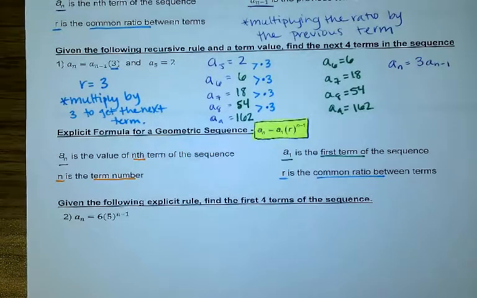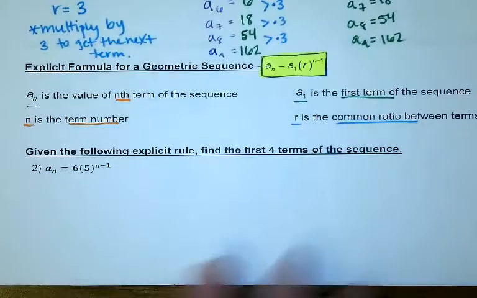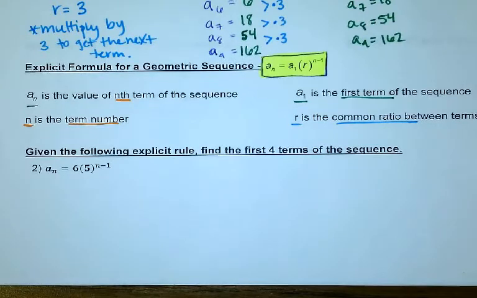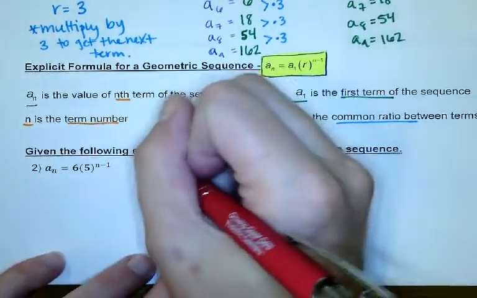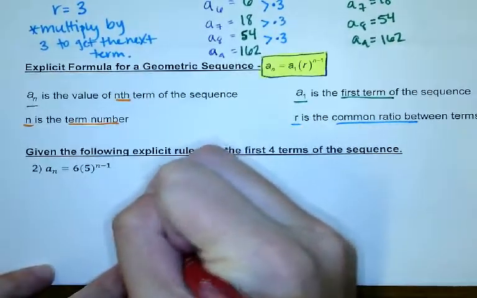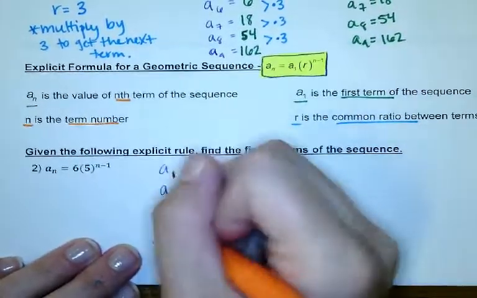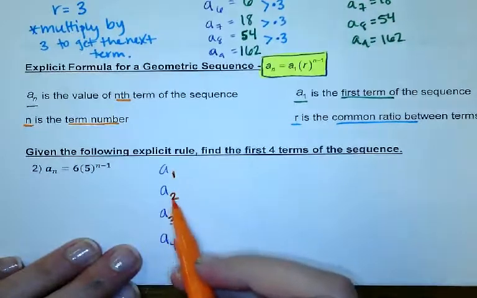A sub n equals a sub 1, parentheses r, n minus 1. Now, it says, given the following explicit rule, find the first 4 terms in the sequence. So if they give you a rule like a sub n equals 6, parentheses, 5 to the n minus 1, and you want to know the first 4 terms, we can do this just like we did on our arithmetic sequences, where we replace the n with 1, 2, 3, and 4, because we want to find the first 4 terms.